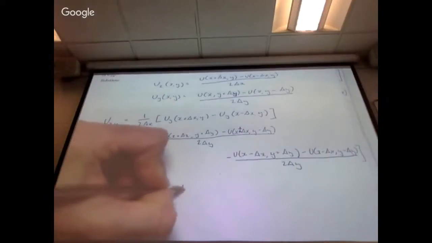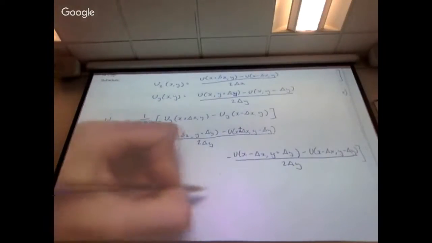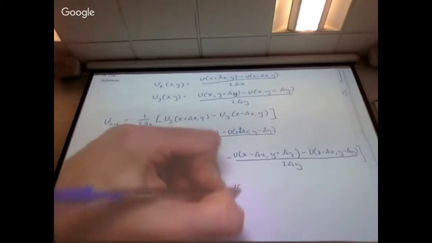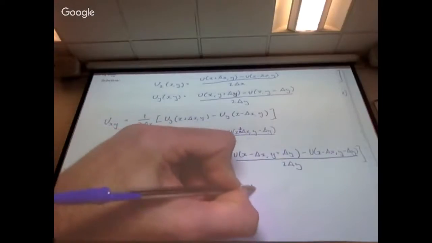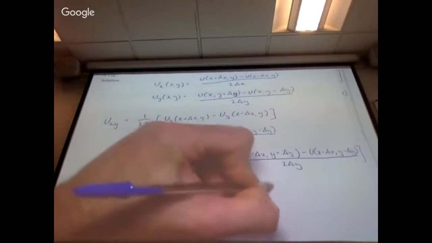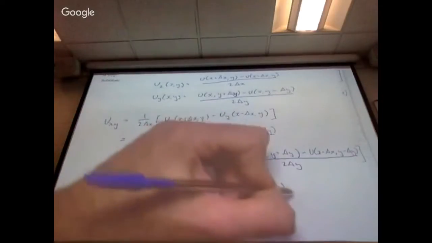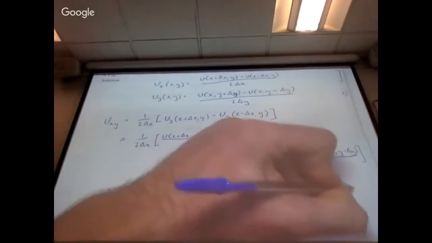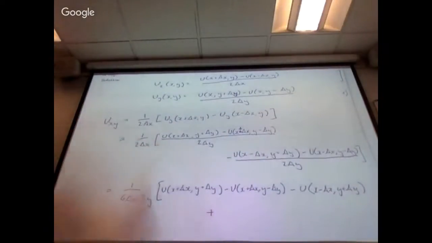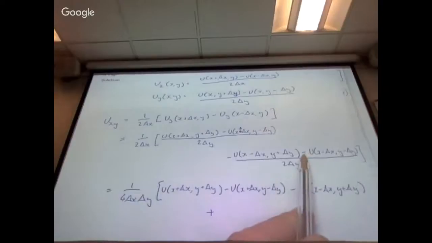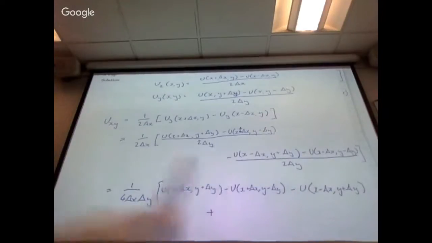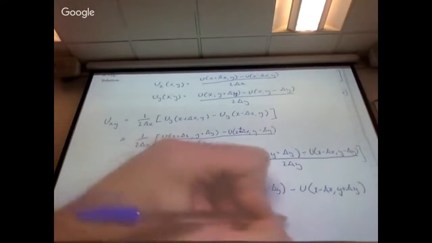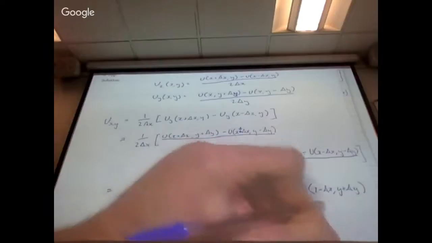I've got u of x plus delta x, y plus delta y, minus u of x plus delta x, y minus delta y, minus u of x minus delta x, y plus delta y. And this time it's plus. I always get this bit wrong because you've got a negative there, which is multiplied by a negative there. Plus u of x minus delta x, y minus delta y.